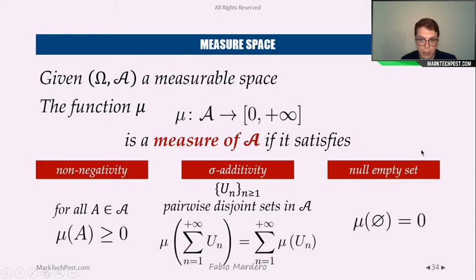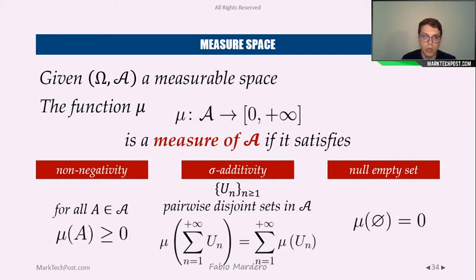There's another property on the right, the null empty set property, which means that if we measure with the function mu the null space, then its measure is equal to 0. So again, it's like a ruler in which we have to define the start of the ruler, and then we can define some sort of unit to measure.